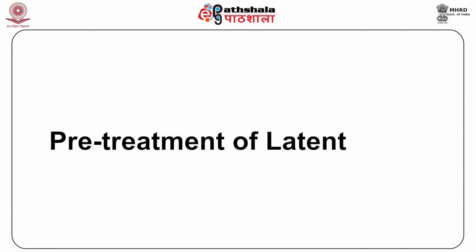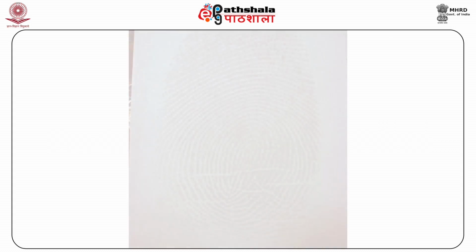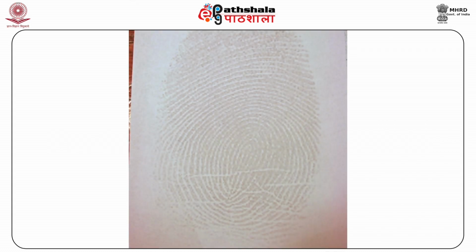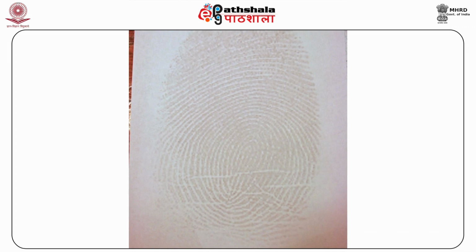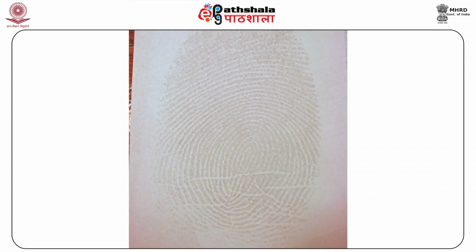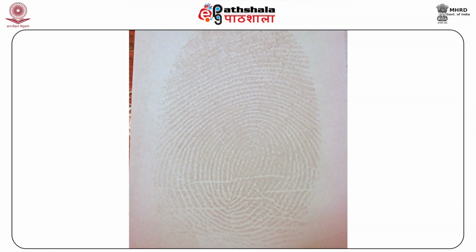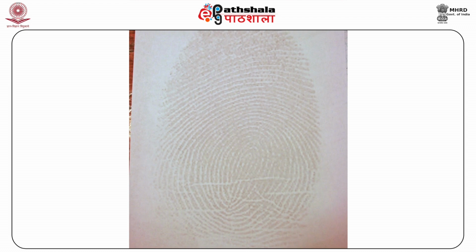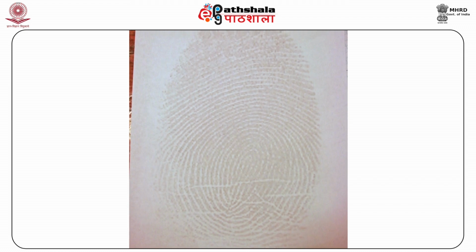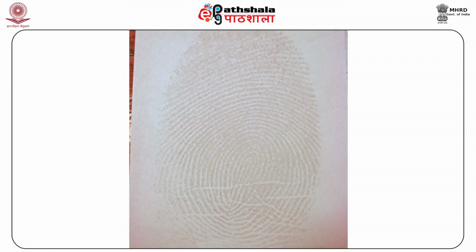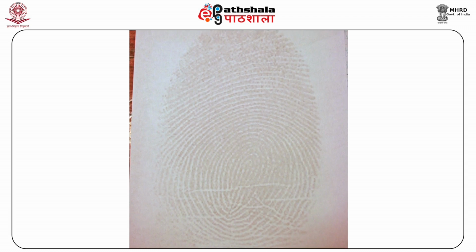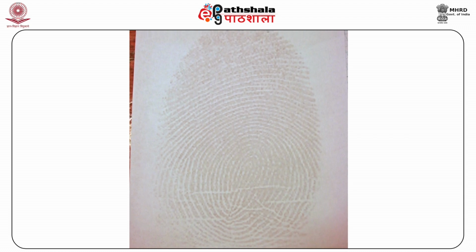Now let us discuss pre-treatment of latent prints. The physical developer technique works very well on paper and paper products. The finished paper usually incorporates alkaline fillers and binders. These react with the physical developer composition and alter the concentration of its ingredients.